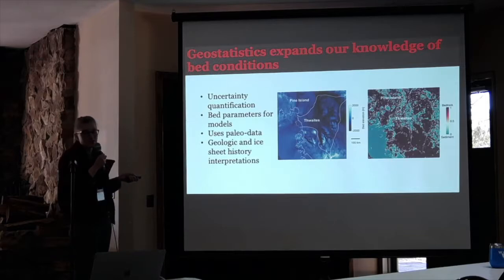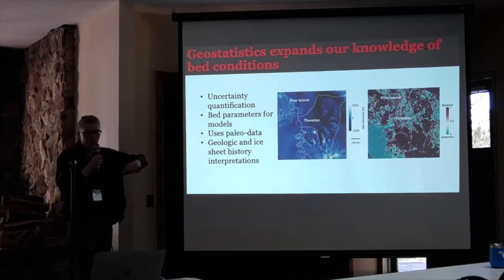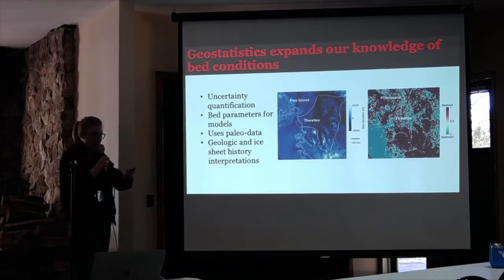This allows us to use the paleo data as a constraint. And we can also imagine using the sediment distribution beneath the ice to interpret ice sheet history, or as a constraint for what the marine sediment was like in the past.